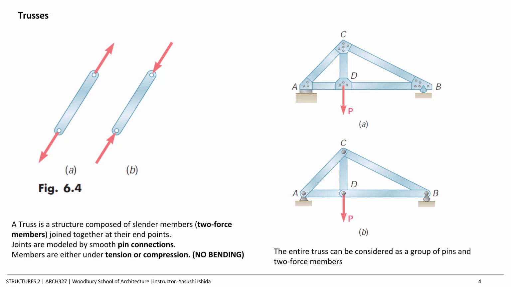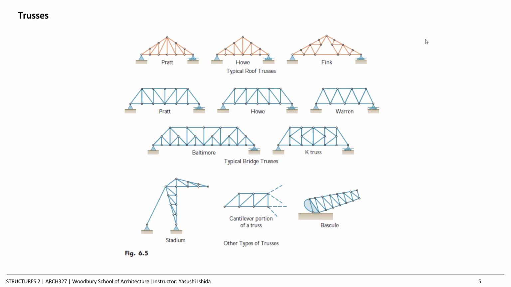So those are the joints for the trusses. And members are either under tension or compression.